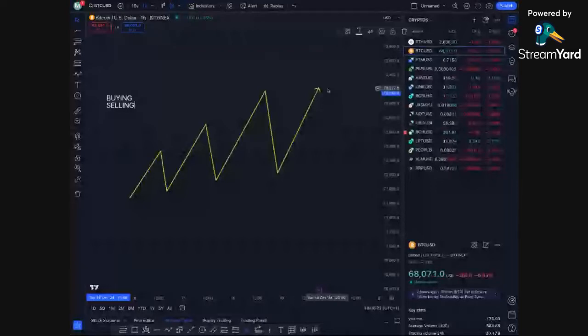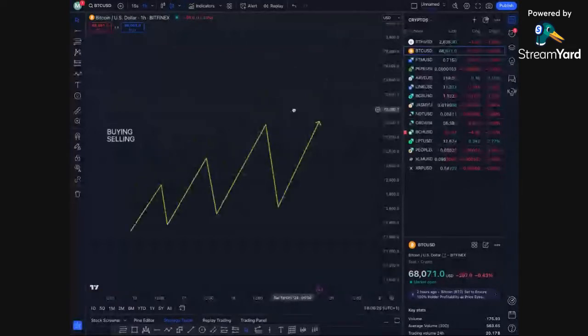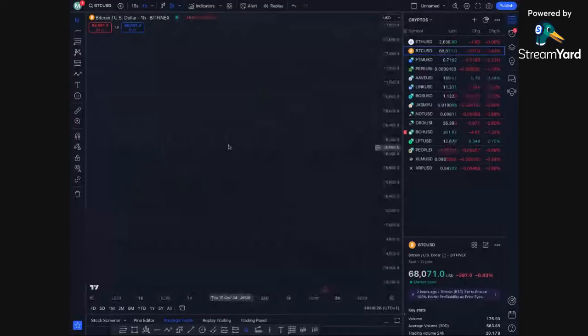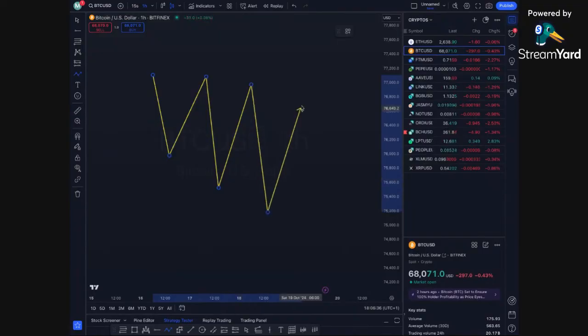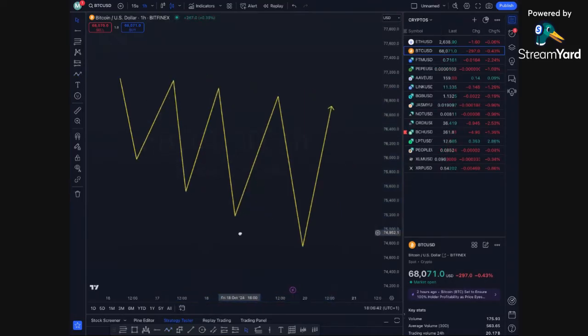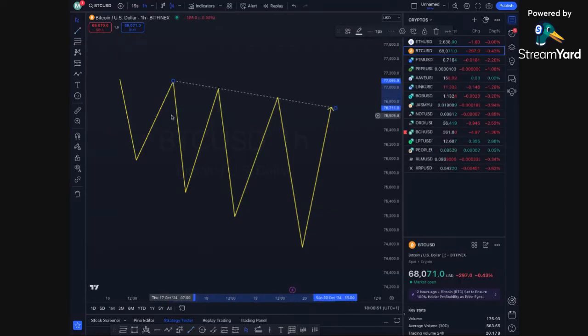All right, now I'm going to go to where we sell. We sell in a bearish trend, a trend that is going down. That is where we sell. A trend creating lower lows and lower highs, that is where we sell.